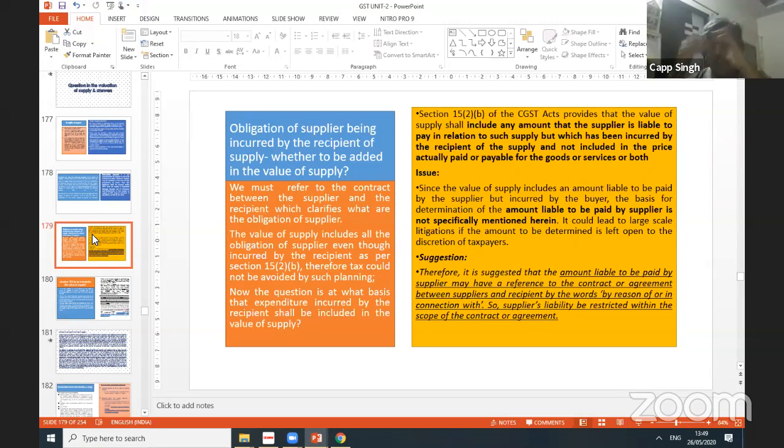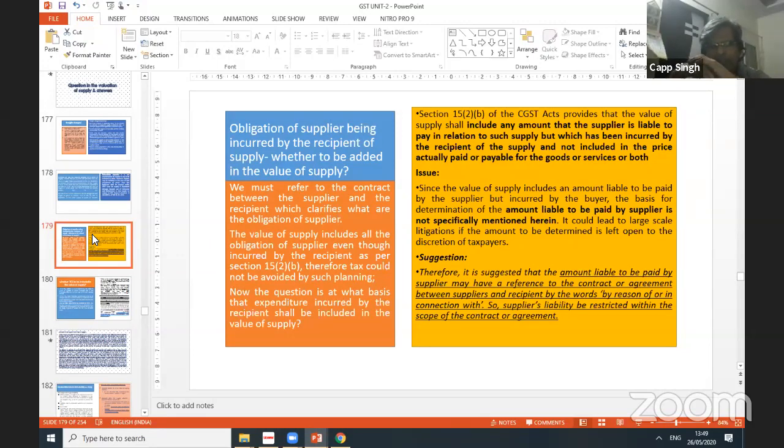Vice versa, if the obligation of the supplier is being met by the recipient of supply, then we have to refer to the contract, because the contract will determine what are the obligations of the supplier and what are the obligations of the recipient. Suppose in the construction of a house, the cement is being provided by the recipient or the house owner, then in that case cement is not to be included in the value of supply of the contractor.